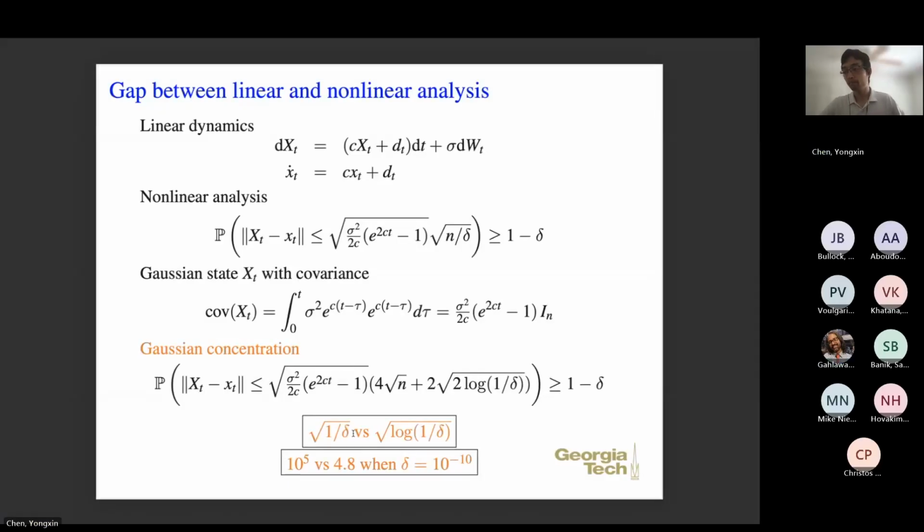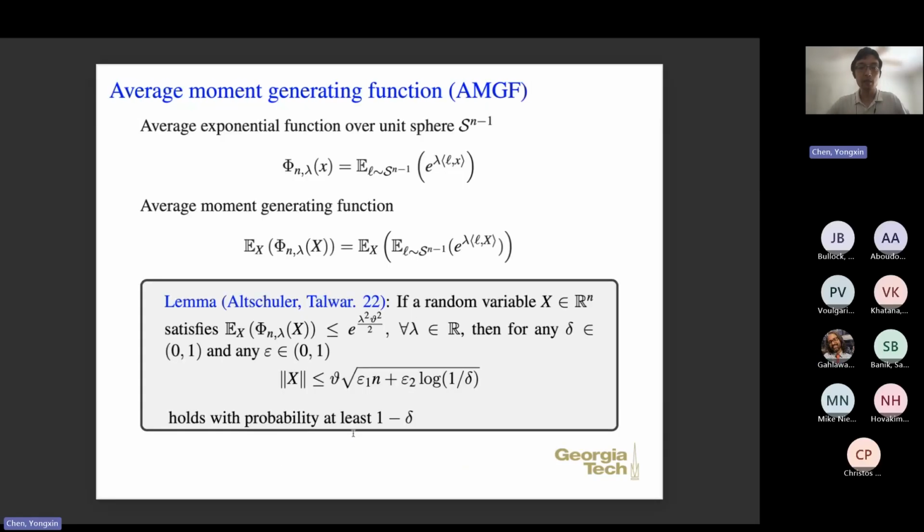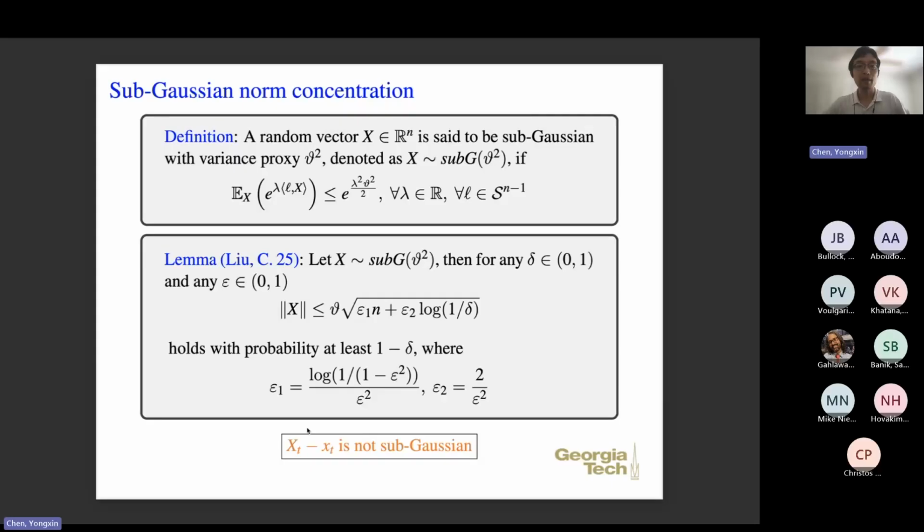Yeah. So it's the arbitrary moment that leads to this logarithmic growth. Yes, exactly. That's a very good insight, because what we bound is the moment generating function, and if you expand it, it actually captures all the moments.